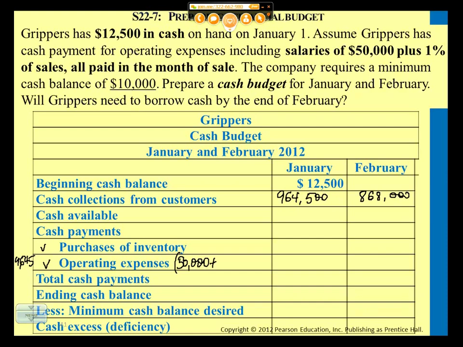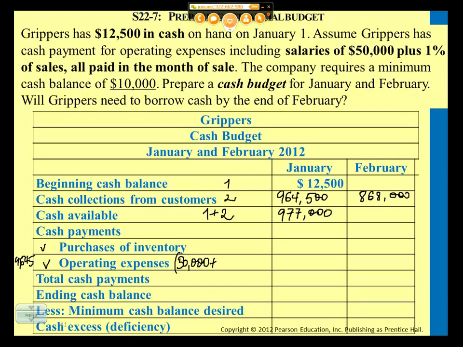What is it? You said it's beginning cash balance plus cash collections from customers, right? Okay, so this is 1, this is 2, so this is 1 plus 2. All right. Okay. Okay, so we need to figure out our cash payments, right?